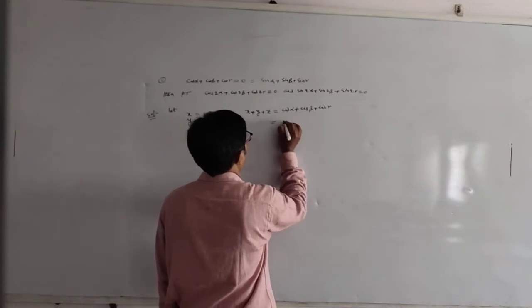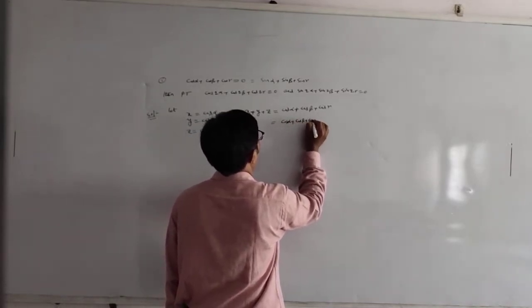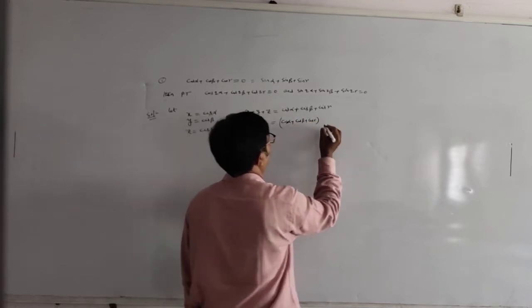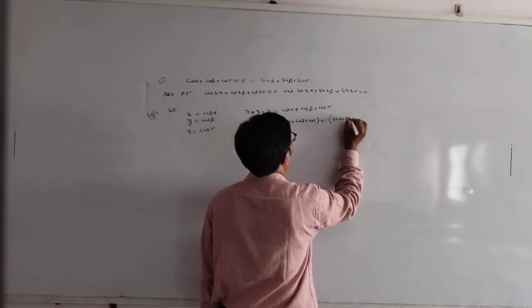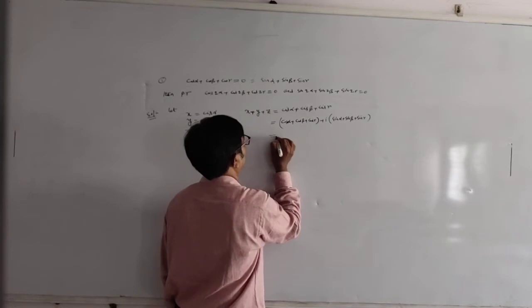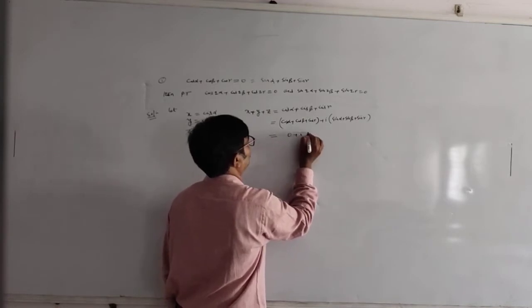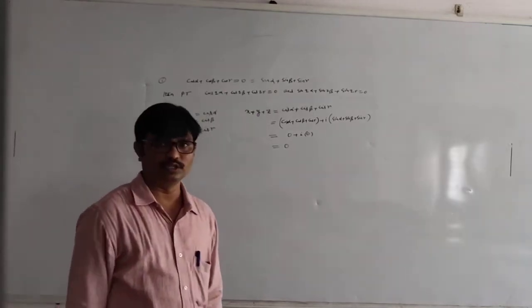That is cos alpha plus cos beta plus cos gamma, plus i into sin alpha plus sin beta plus sin gamma. So 0 plus i into 0, that is 0.